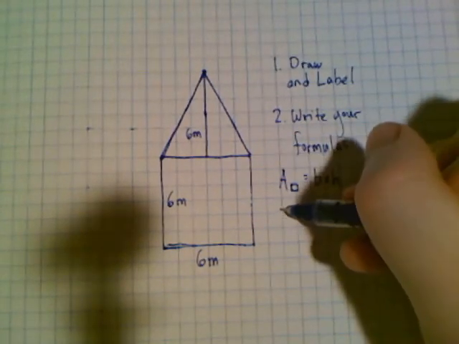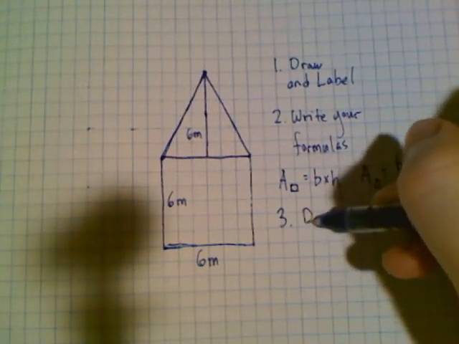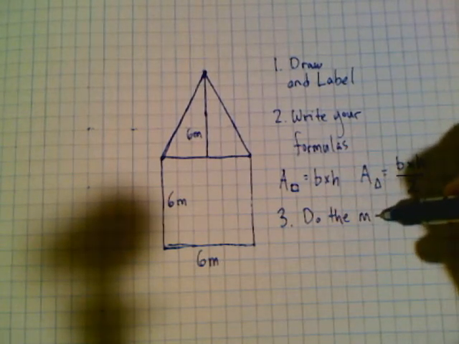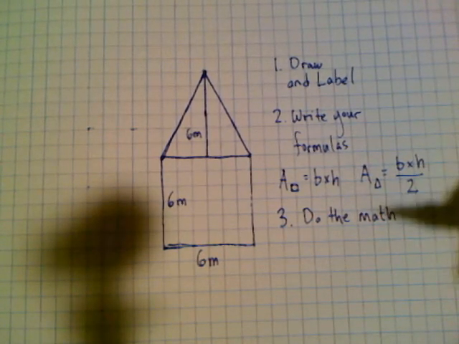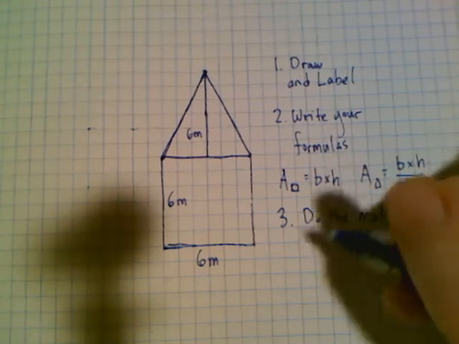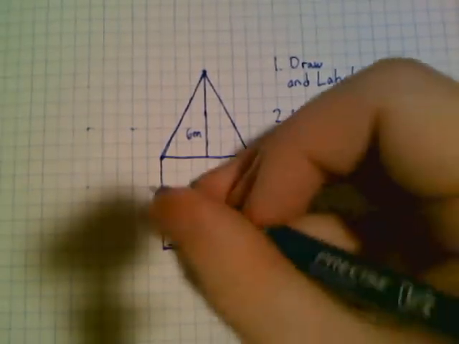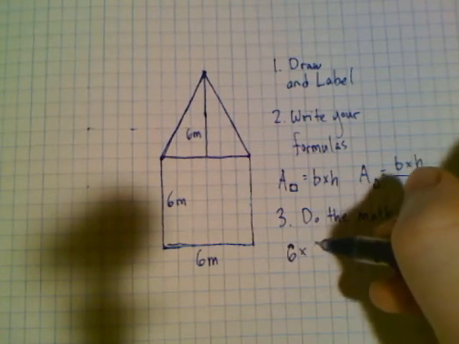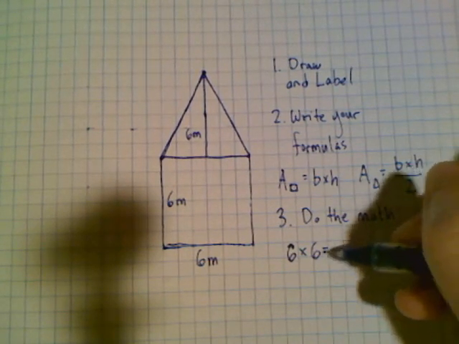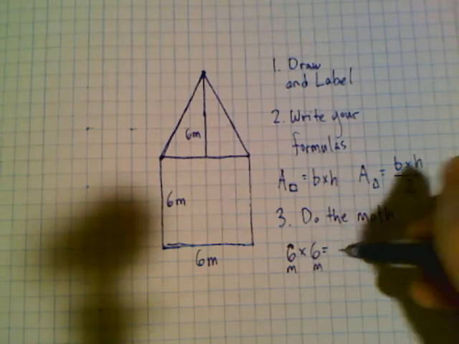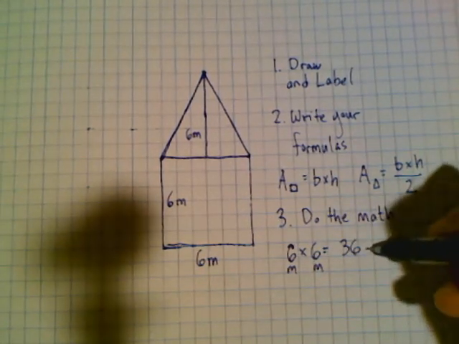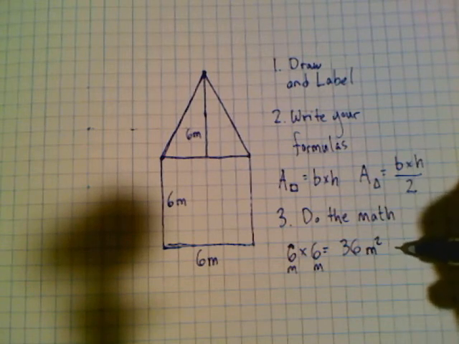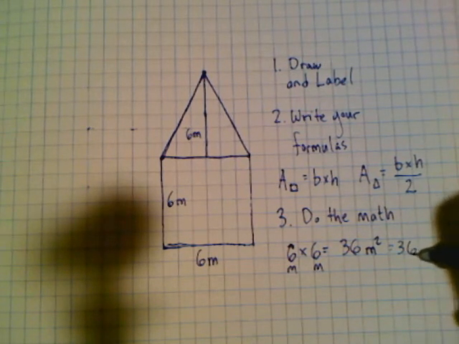Step number 3, do the math. So we have here, base times height of my rectangle is 6 times 6 equals 36 square meters. You can write it like that, or if you want, you can also write it like this.